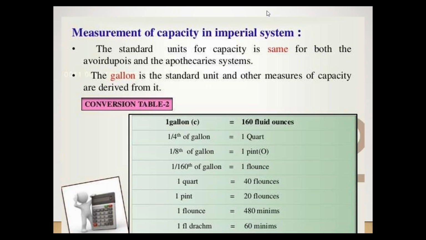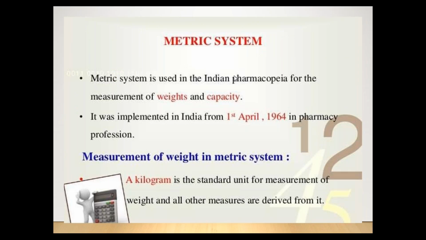Moving on to the next slide. That is the metric system. Till now what we studied was the imperial system, which is the old system and which is not being used now as such. Only very old physicians would be using the imperial system.